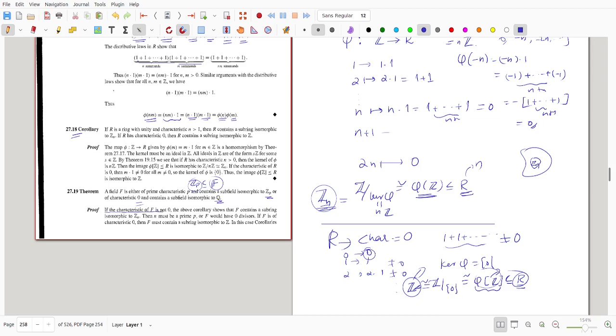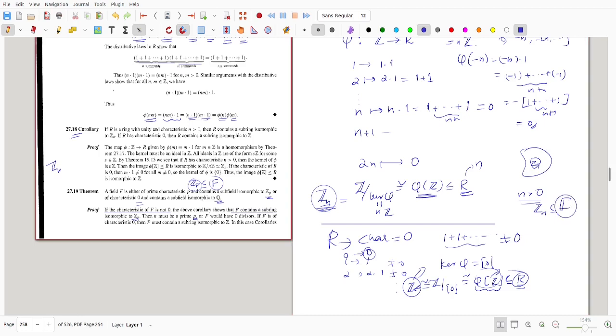If the characteristic of F is not 0, then the above corollary shows that F contains a subring isomorphic to Zn, and then we can say that n must be prime. Otherwise, if n is the characteristic greater than 0, then Zn is contained in F. What does it mean?